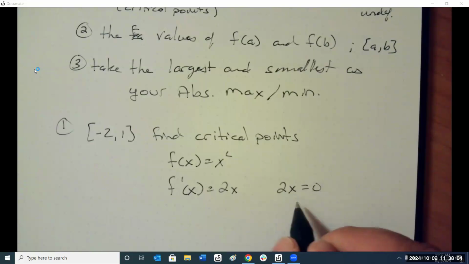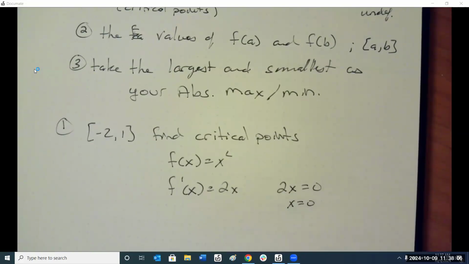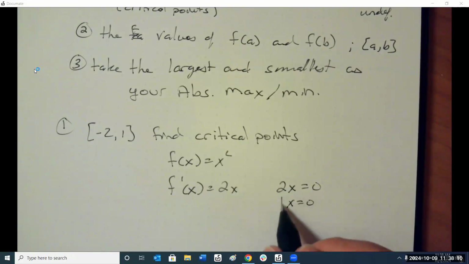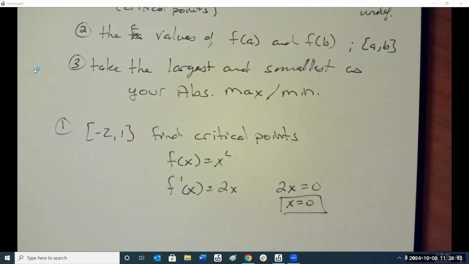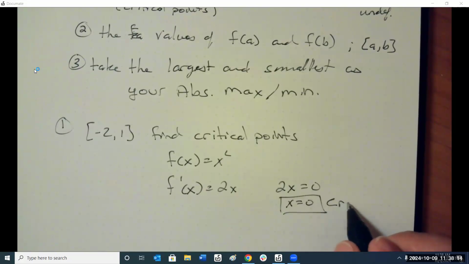Set 2x equal to 0. So x equals 0 is a critical value, a critical point.